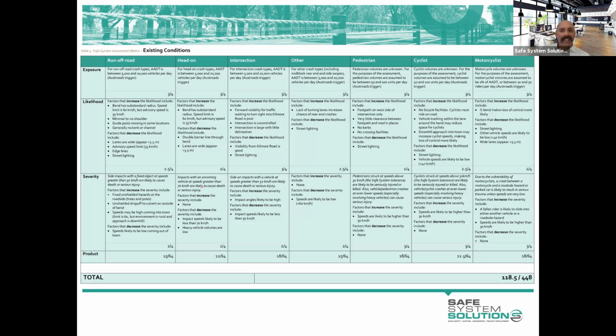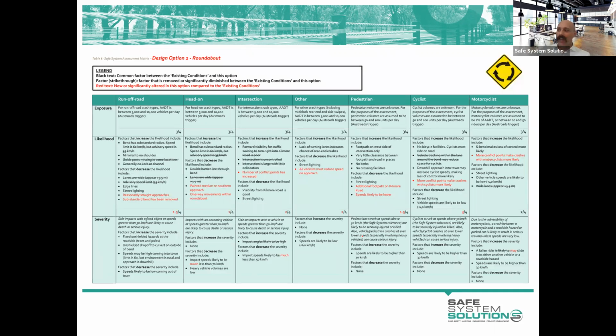So you take your existing conditions matrix that you've filled out, you've put all this information in there, you copy it, you paste it, and then you take, say, the roundabout, for example, and you fill out anything that has changed.